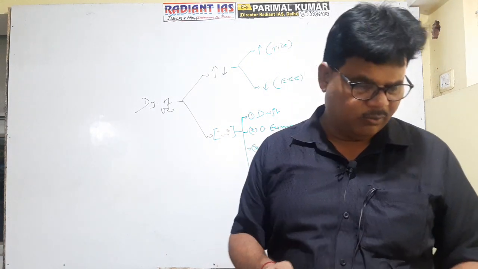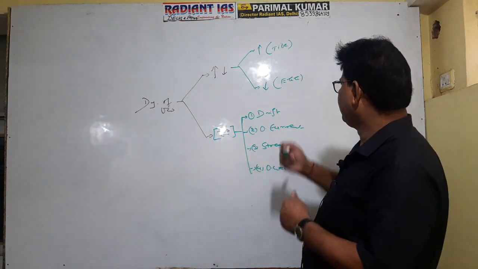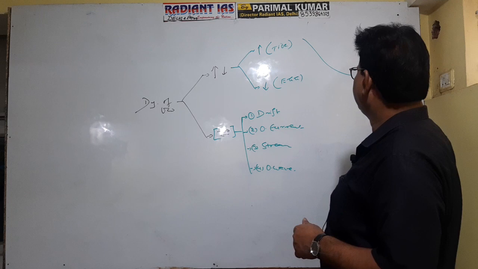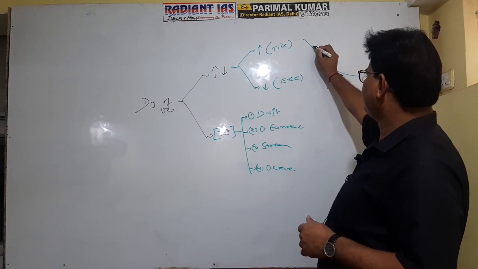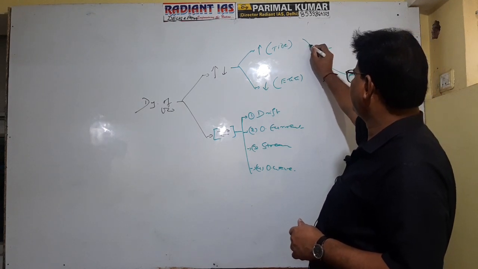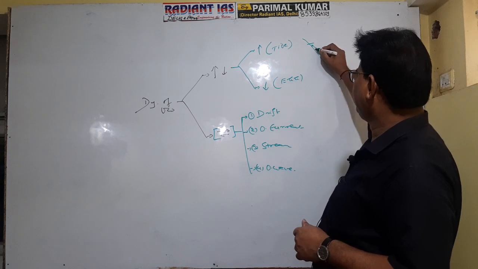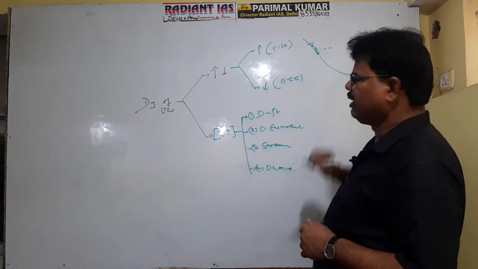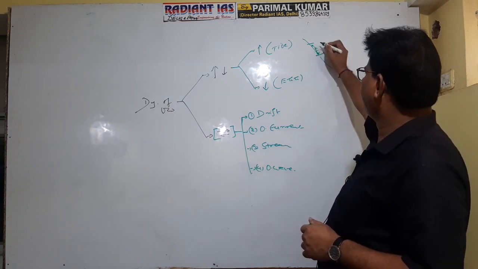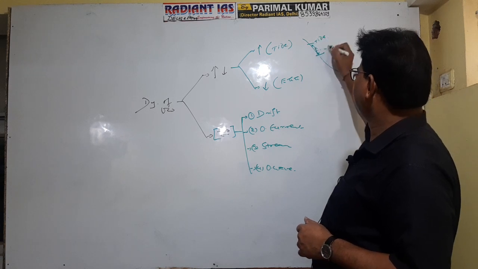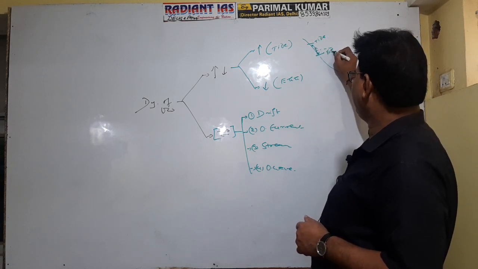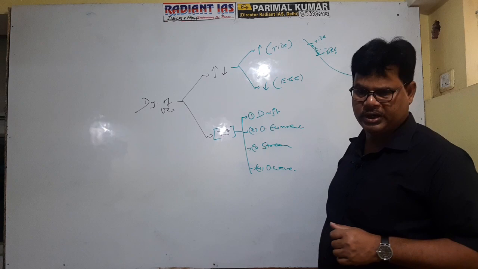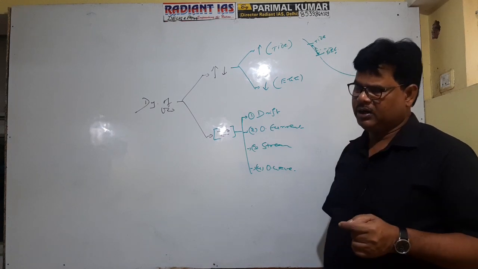Suppose this is coastal area, this is the average sea level. The sea water will rise up to this level, or will return back down to this level. So this is referred to as tide and this is referred to as ebb. Ebb means low tide. This is periodic.